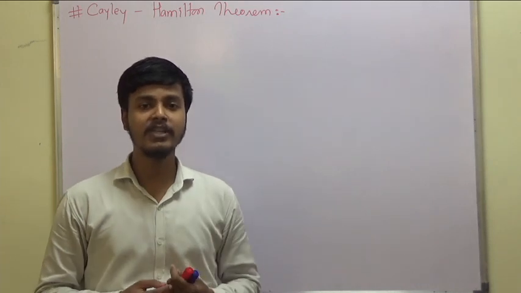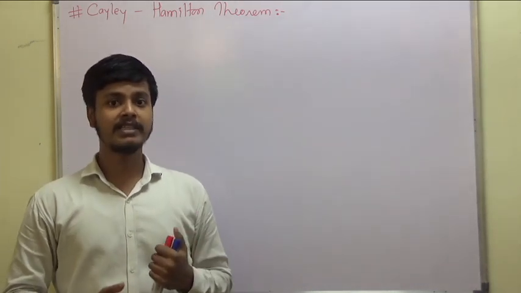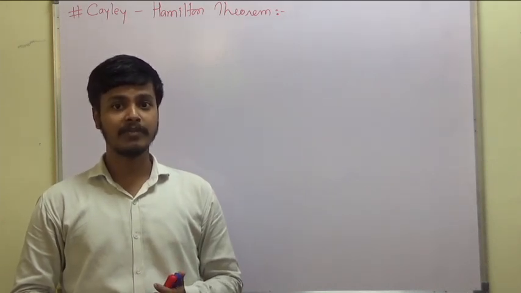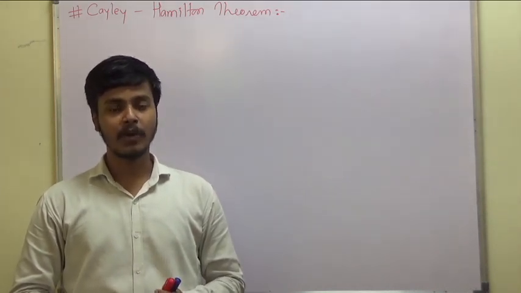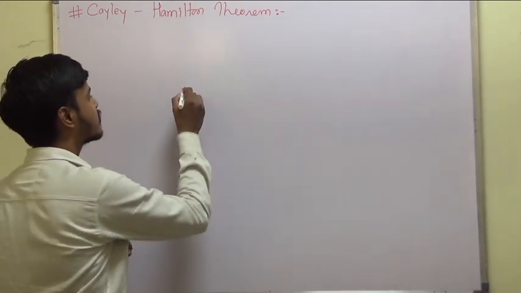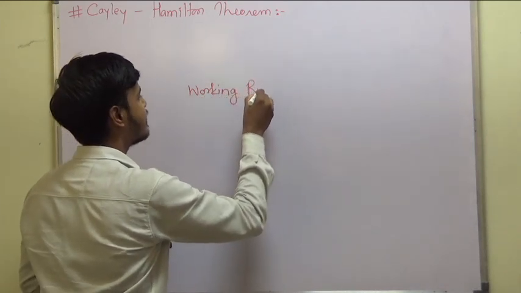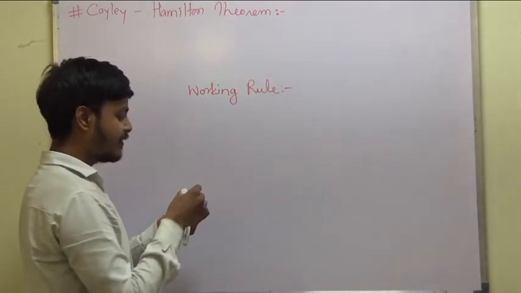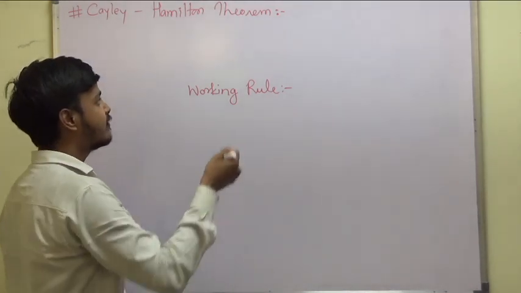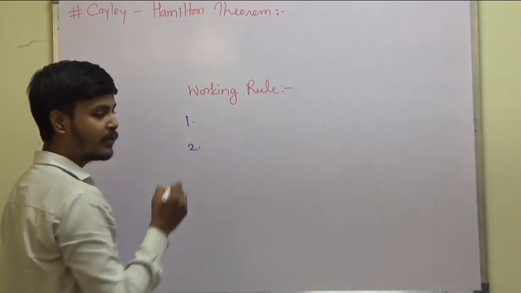In the last learning video, we took a matrix of order 2. Here, we will take an example on a 3 by 3 matrix. As far as the working rule is concerned, what was the working rule? As I stated in the earlier video also, in the working rule of the Cayley-Hamilton theorem, step number 1 and step number 2 remain the same.